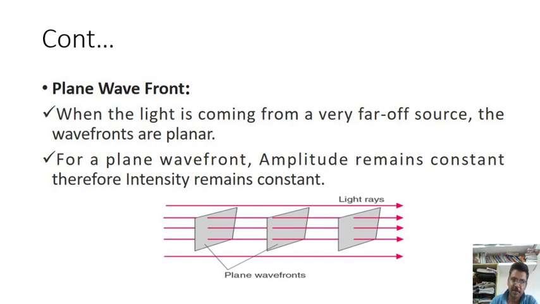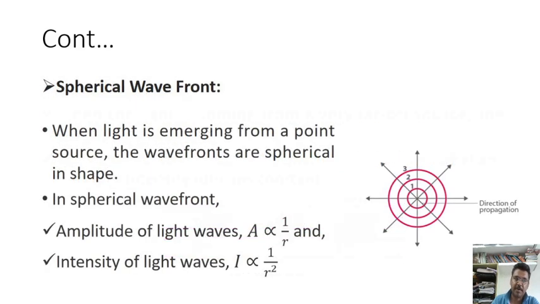For a plane wavefront, the amplitude remains constant, therefore intensity remains constant. If amplitude varies, the intensity also varies. But here there are no obstructions or disturbance, so we do not lose any amplitude, which means the intensity remains constant.